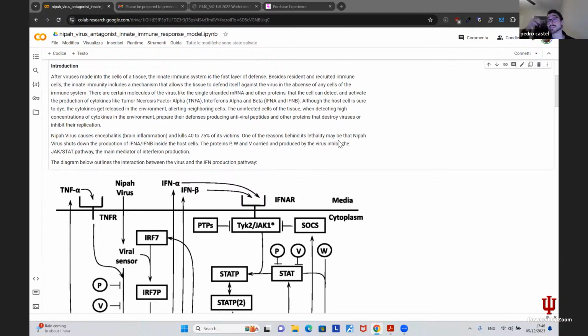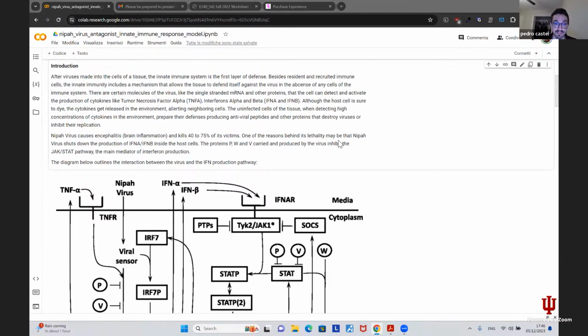After the first layers of defense, for example getting into a tissue, when the virus really penetrates the tissue and gets into the cells, one of the main defenses is that the cells detect viral particles, single-stranded RNA, inside the cell, and start producing cytokines that they release into the environment, and other cells can sense.